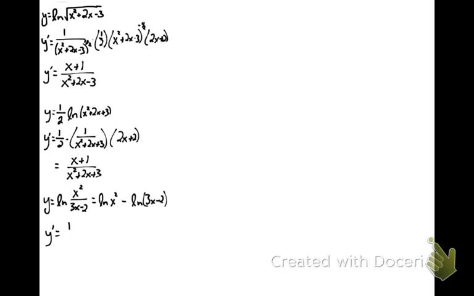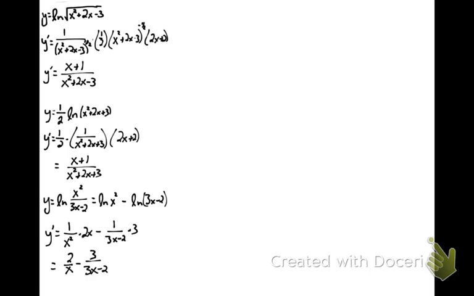This would be 1 over x squared times 2x minus 1 over 3x minus 2 times 3. And cleaning this up just a hair would be 2 over x minus 3 over 3x minus 2.